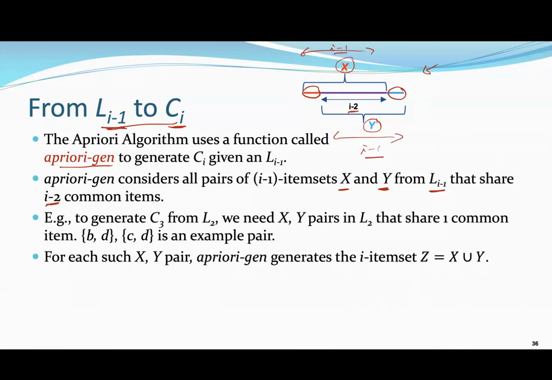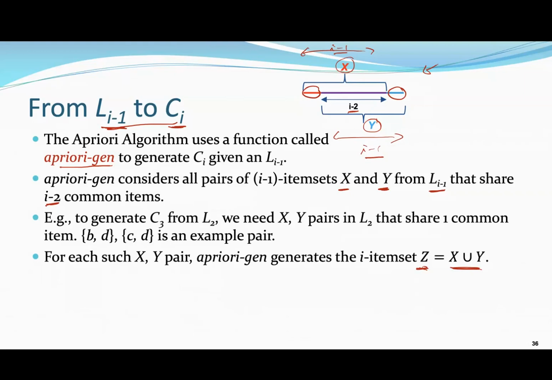Let me use Z to represent the result of the merge. Now, Z is what we consider to be a candidate, something that is potentially frequent.